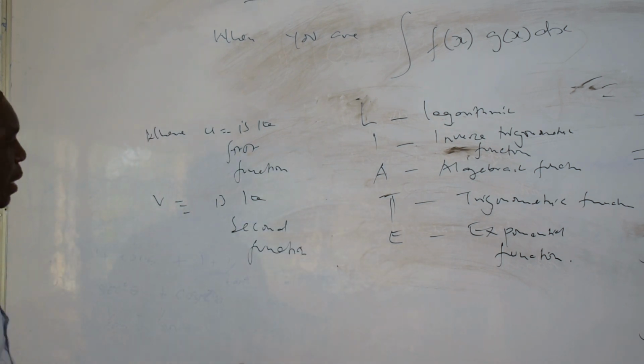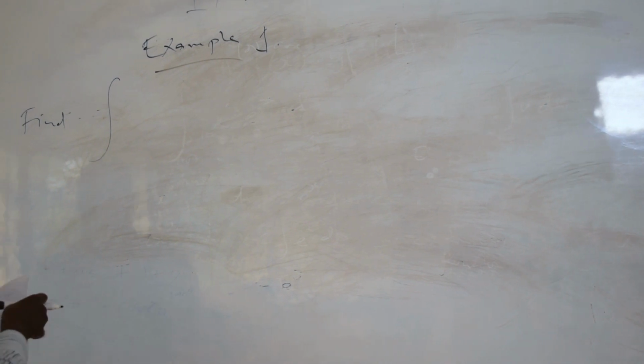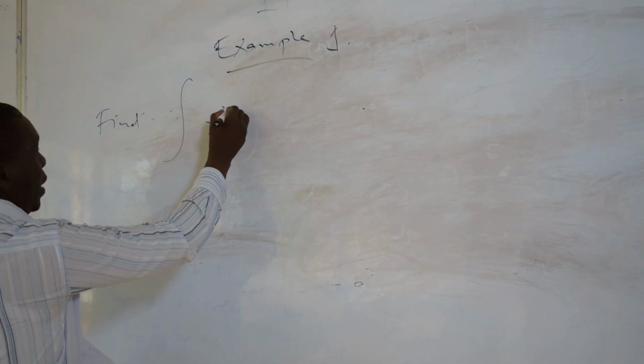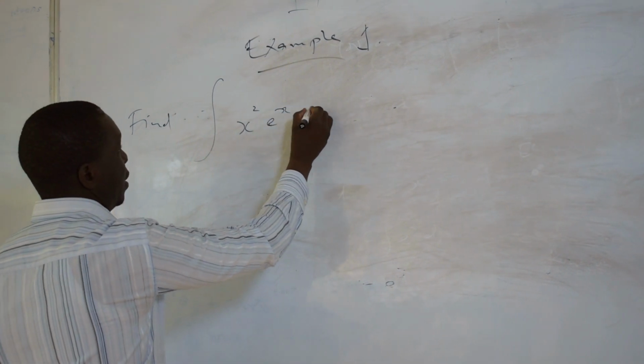So let's see an example. Find the integral of x squared e to the x dx.